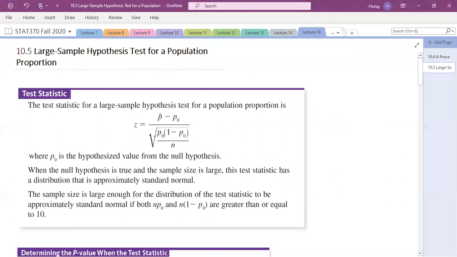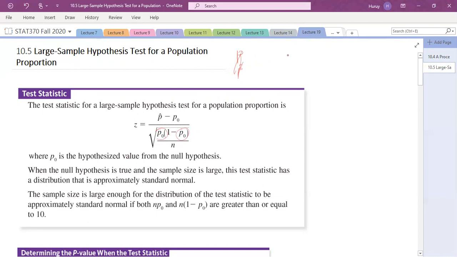Now you may ask, what is p sub naught here? Because normally we use p for population proportion and p hat for sample proportion. We jump to the hypothesis here because we have already seen it, and we will see it using an example.